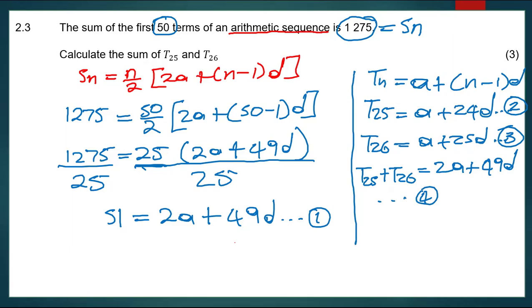All I'm going to do is equate equation number 4 with equation number 1. I'm going to use these two here. I'm going to say equation 1 minus equation 4.